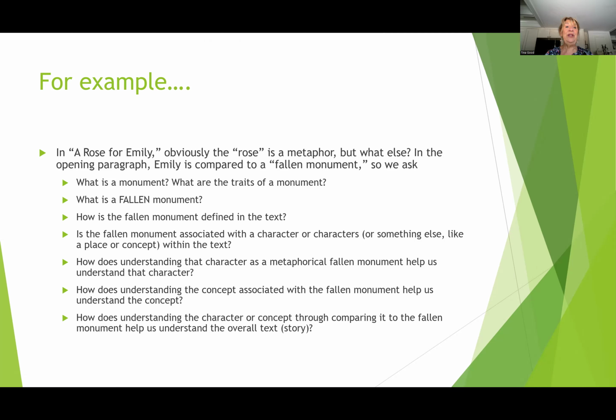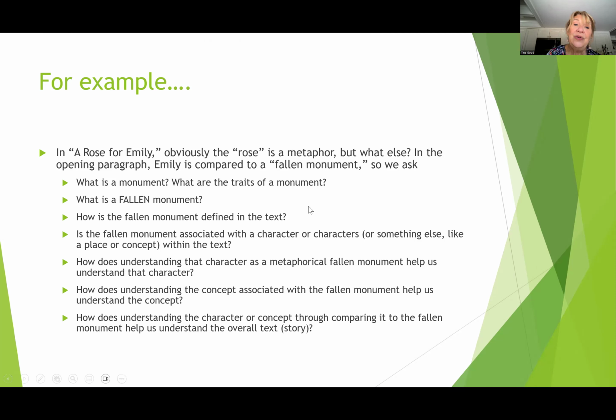Okay, so if we are looking at how this fallen monument helps us understand Emily, we can also ask how it helps us understand this concept of the pre-Civil War South. What is it suggesting about what it was, how it's being reflected in this story? And then, of course, how it helps us understand the overall story, right?